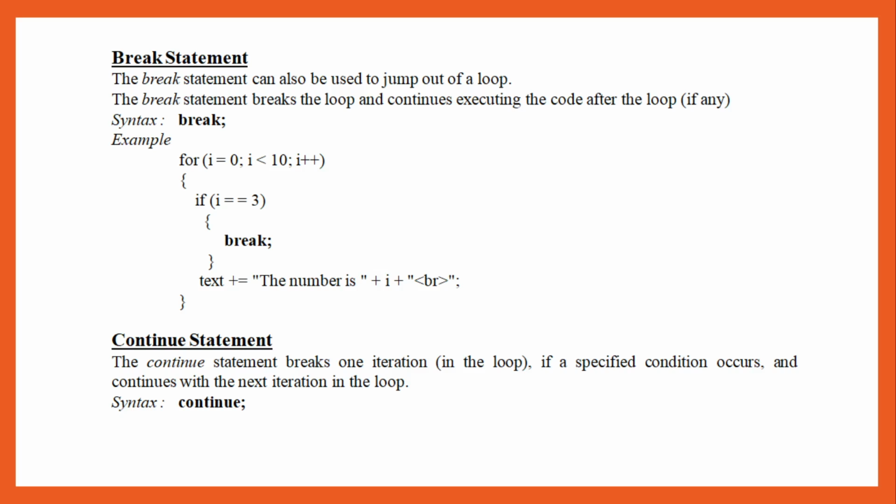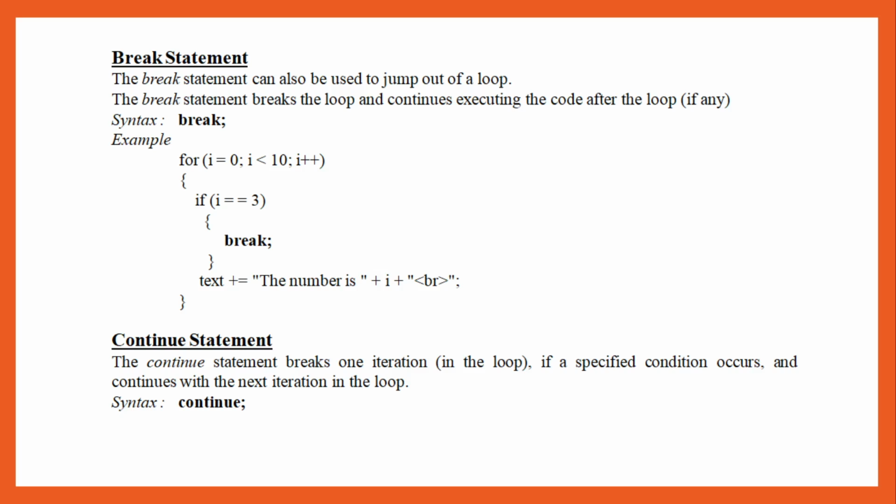Whereas continue continues with the next iteration in the loop. The break statement can also be used to jump out of the loop. The break statement breaks the loop and continues the execution of the code after the loop.